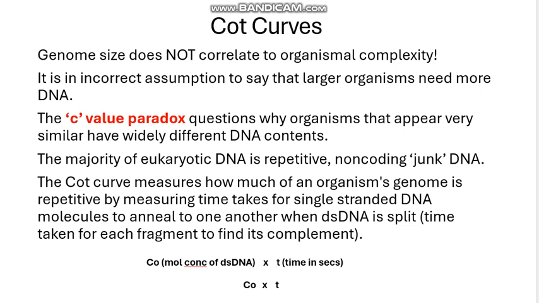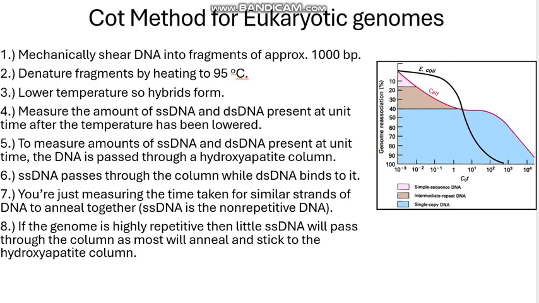So if you think about an organism where each of these small cut up fragments of DNA only has one complement that they're able to anneal to, it'll take much longer for them to find their complement if DNA is less repetitive than if it is repetitive, because obviously you have more collisions, more complements, so they're more likely to find DNA that they're complementary to. So let's go over how exactly we work this out.